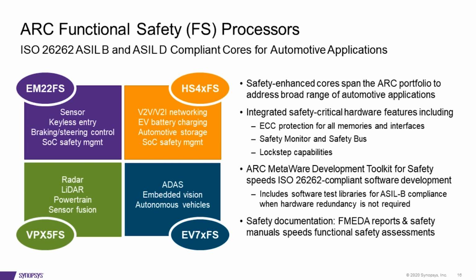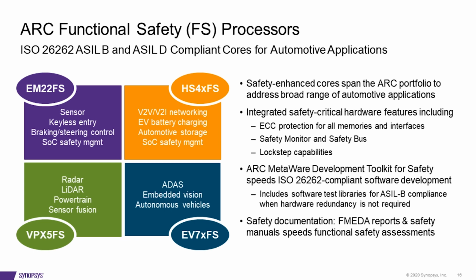As the performance requirements go up for things like vehicle-to-vehicle networking, automotive storage, or electric vehicle battery charging, then our HS processor family, which is a 10-stage pipeline processor, is probably more appropriate from a processing perspective, and we have functional safety versions of that as well.